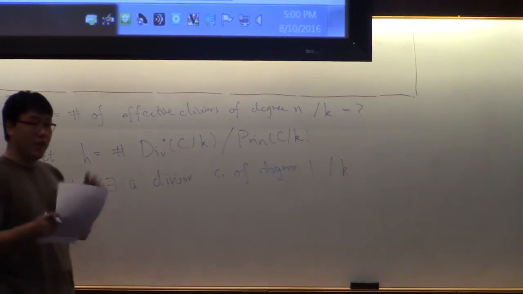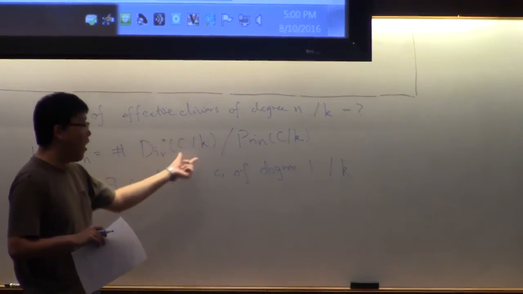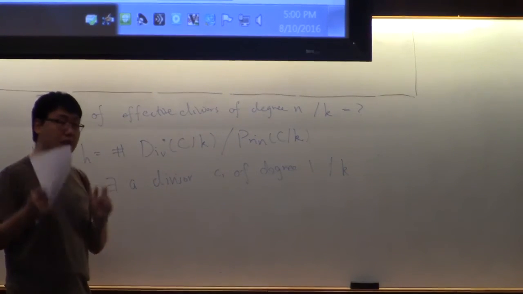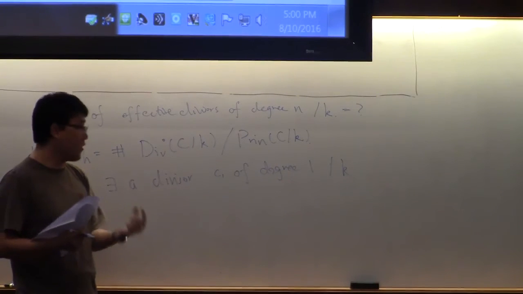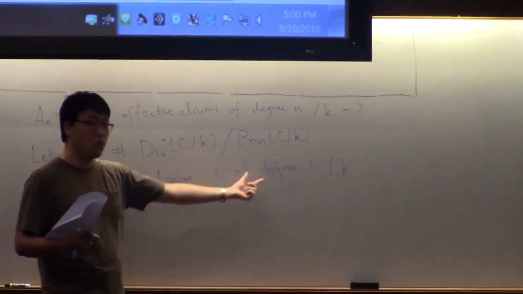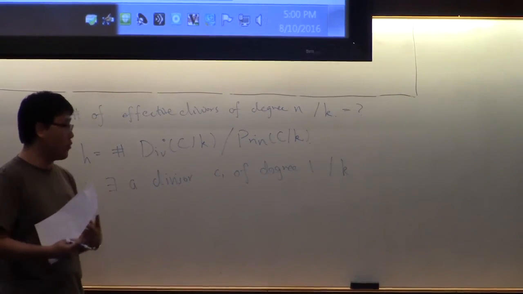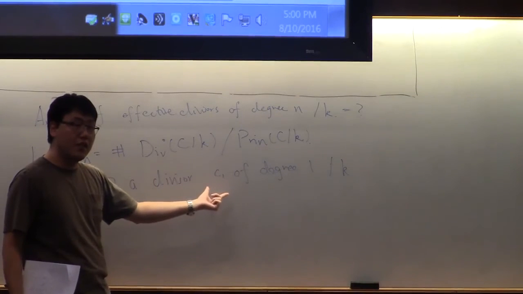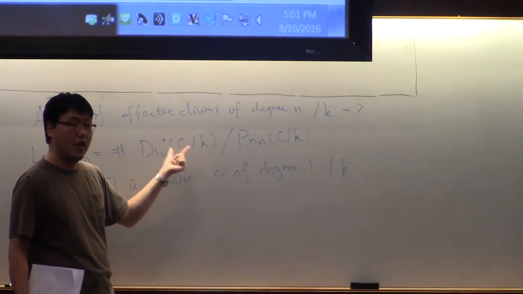This question is closely related to the question of the existence of a K-rational point on the curve C. If you have a K-rational point on curve C, you just take that point as a divisor, then you get a divisor of degree 1 defined over K, right? But the converse is not true. The existence of such a divisor does not imply the existence of a K-rational point on the curve in general.